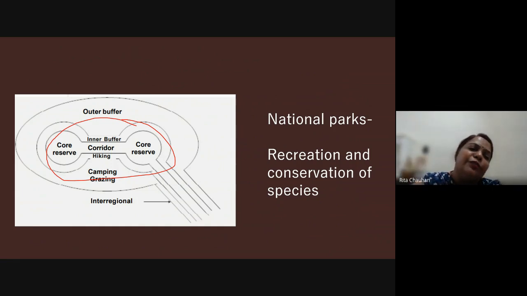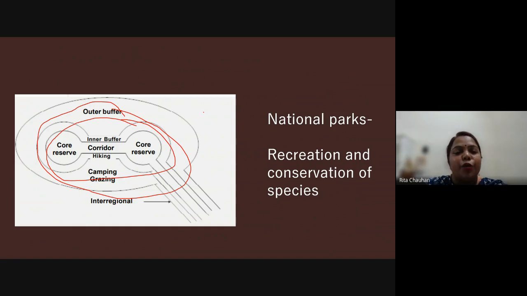Then, the outside of this core area is the buffer area. In the buffer area, human beings can be present, because we cannot separate the forest and the local community of human beings from there. So it is suggested that human beings can be in the buffer area, but the entire dense core area should not be disturbed.